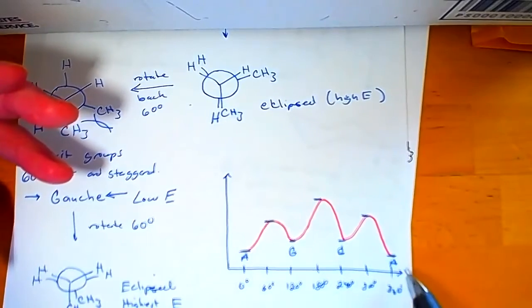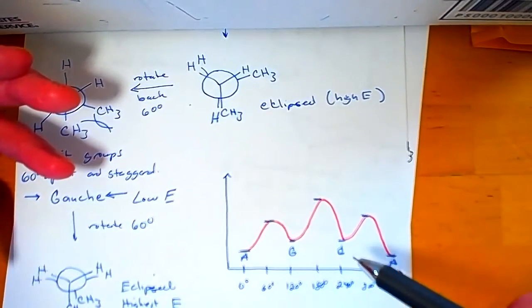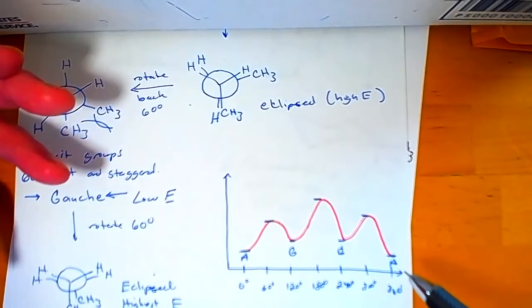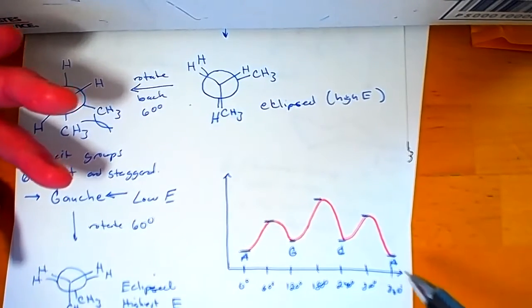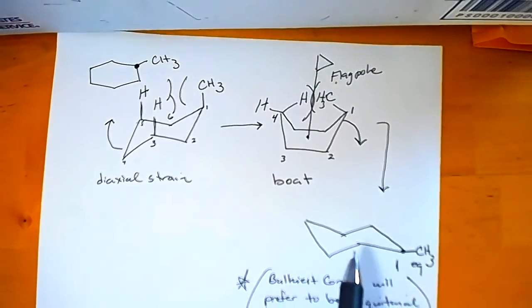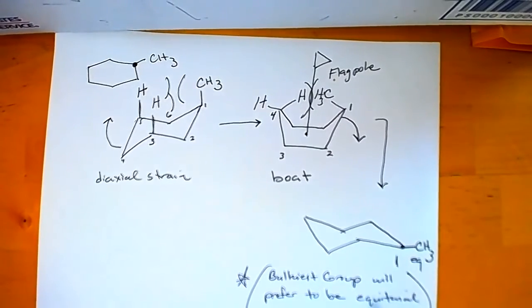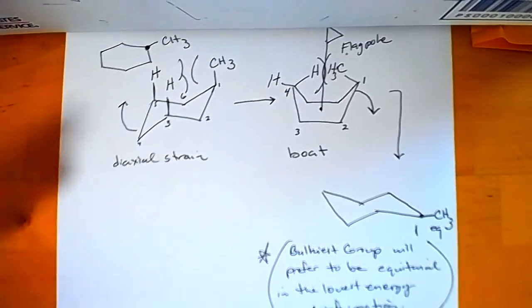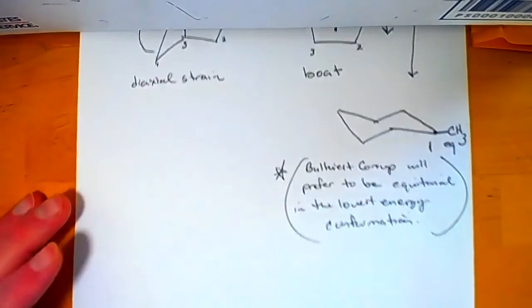And if you said anti, that's correct, because if you dropped a whole bunch of balls into this, most of them are going to land in the valleys. So you're generally going to find things in staggered conformations, which in cyclohexane generally means chair conformations. Those are generally the preferred conformations you see in systems. There are always anomalies out there, but that's just something I want to point out.